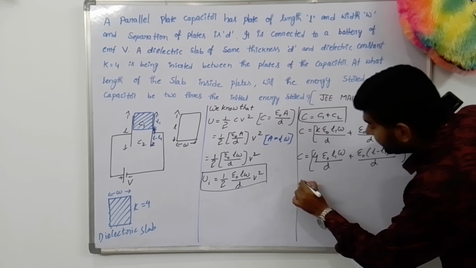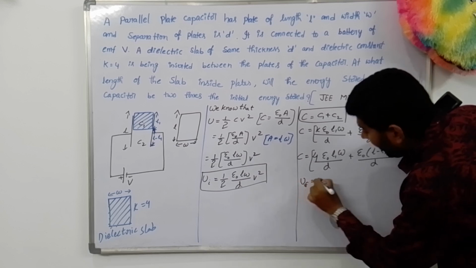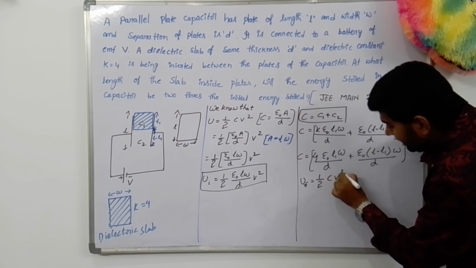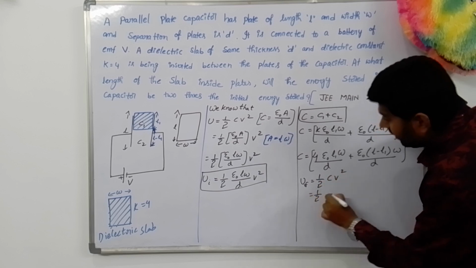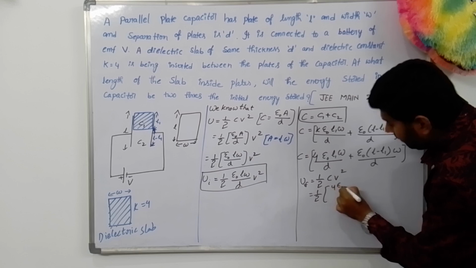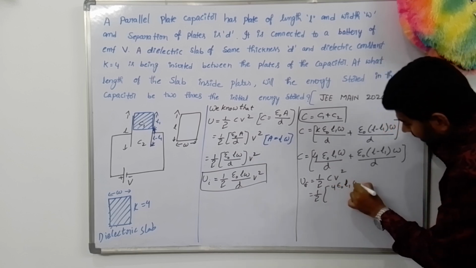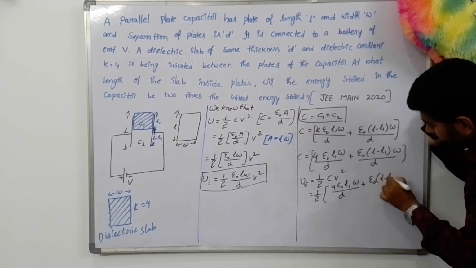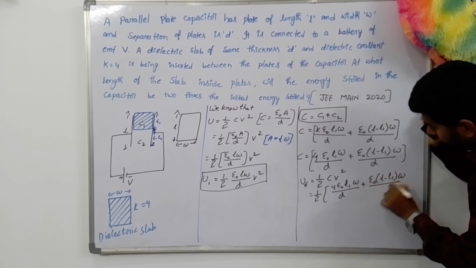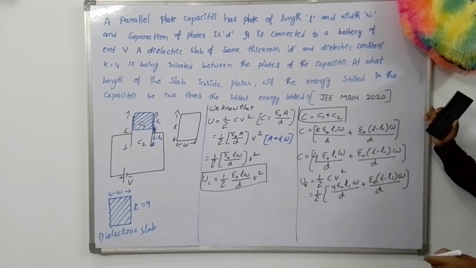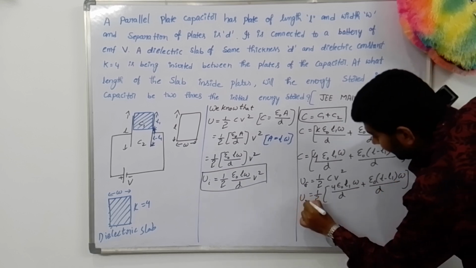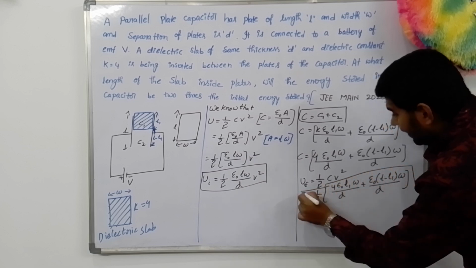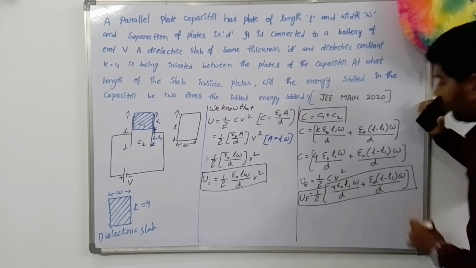After inserting the dielectric slab, the final energy stored in the capacitor is the same formula, half CV square, multiplied with C: half V square times [K epsilon naught L1 W by D plus epsilon naught (L minus L1) W by D]. This is the final energy after inserting the dielectric slab between the two plates.